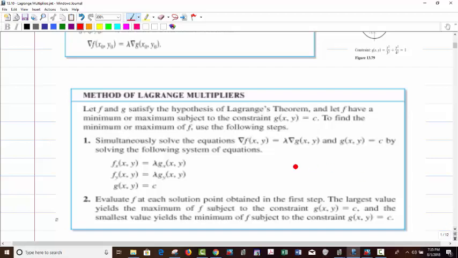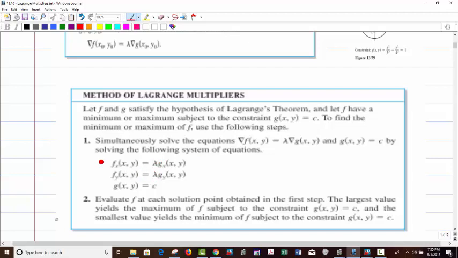Now we'll see this can expand to more variables. So let's say we have a max or min subject to this constraint, g of xy equals c, and then we simultaneously solve this system of equations. So the gradient of f of xy equals lambda times the gradient of g of xy. The gradient of f is just fx, fy, the partial derivatives, and g will be gx and gy, and then the lambda appears right here.